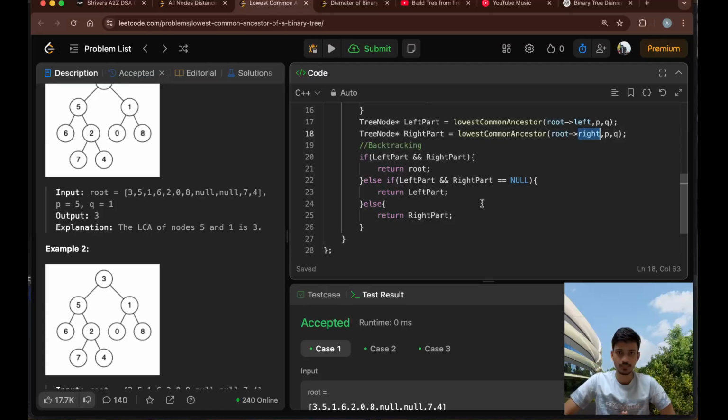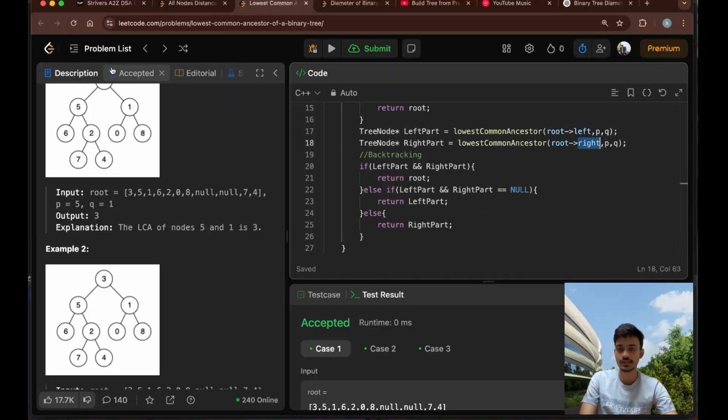If left part is not null and right part is also not null, just return the root because both are not null. If one is null and another is not null, then return the non-null part, and if both are null, then return null only.